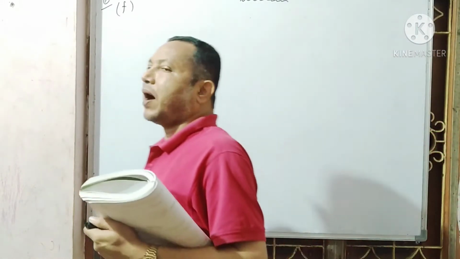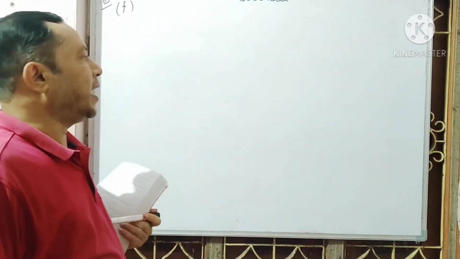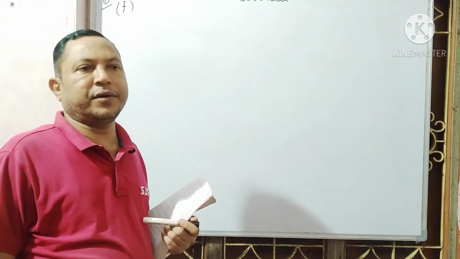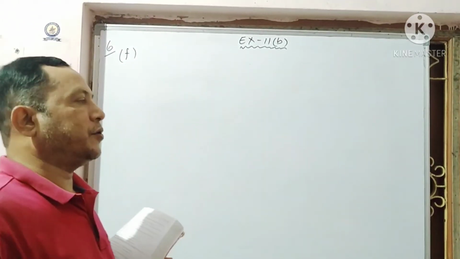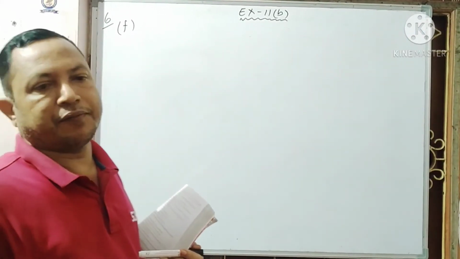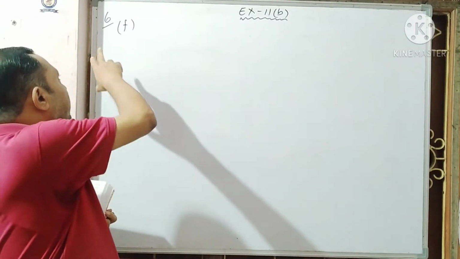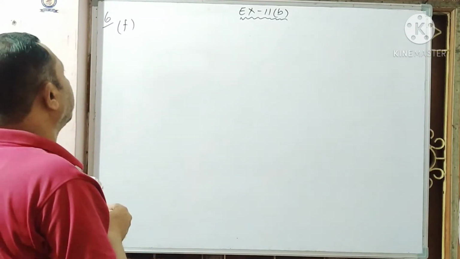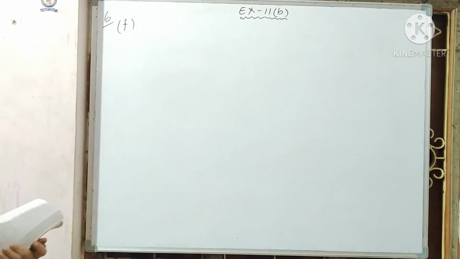P and alpha are given. We can find out the equation of the straight line, and the equation is x cos alpha plus y sin alpha is equal to p. Using these 5 different types of equations of a straight line, we are solving problems, that is exercise 11B number 6.